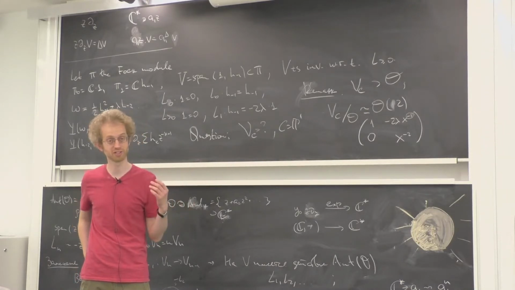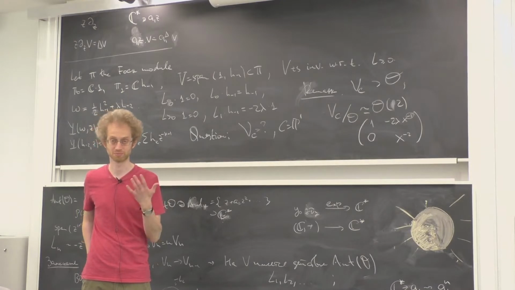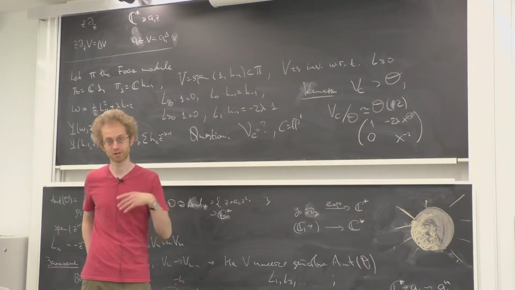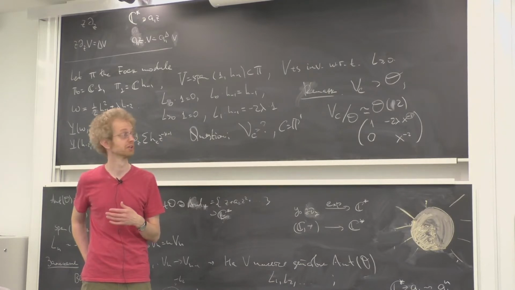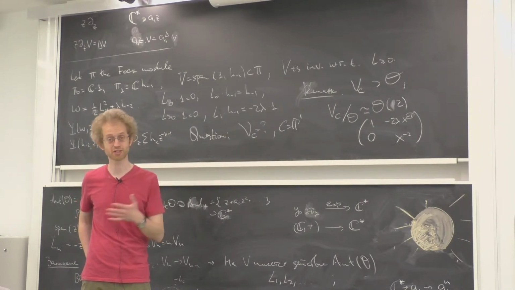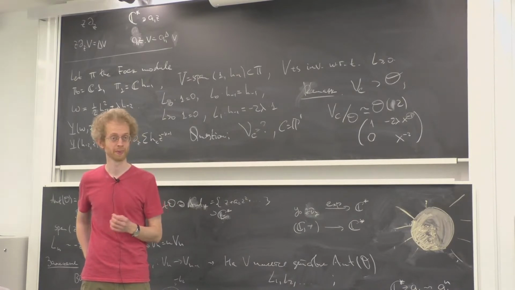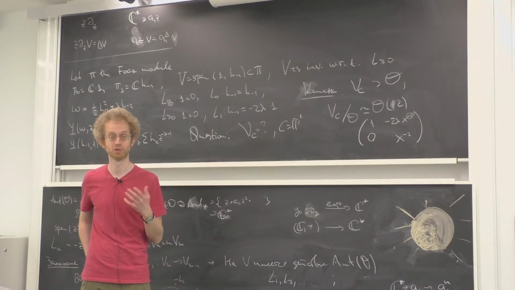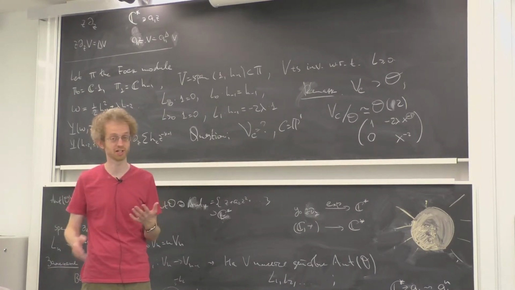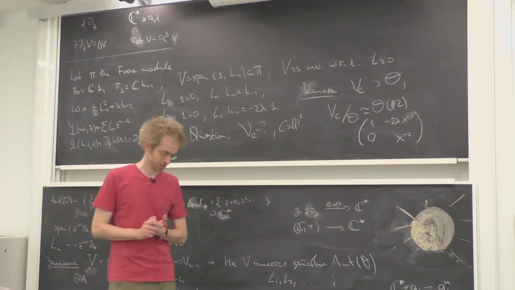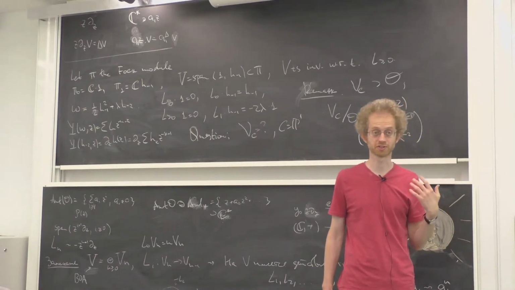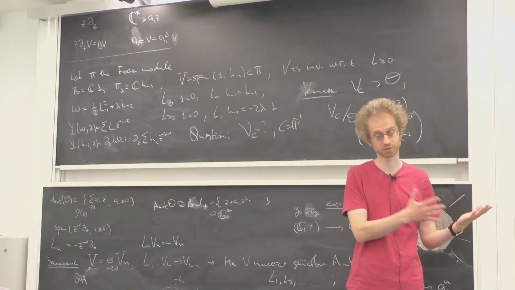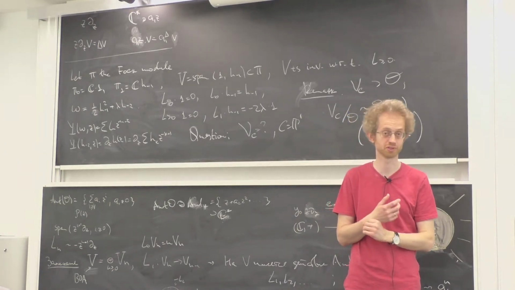And actually these bundles come equipped with some structures coming from this vertex operation, and this allows you to study and define structures on curves, so connections and conformal blocks and so on. So these vector bundles are some object attached to a curve and to a vertex algebra. So using vertex algebra, you can say something about bundles on curves and so on.